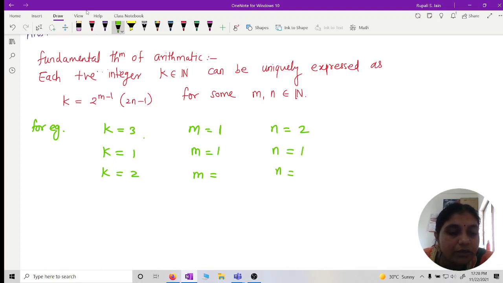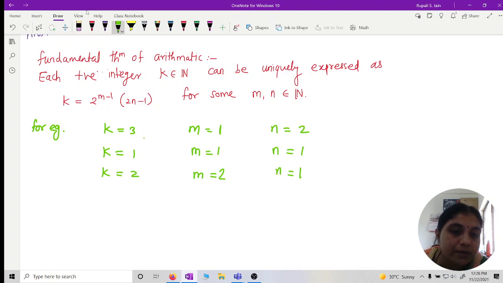Now for k is equal to 2, I want 2 raised to 1, so m is equal to 2 and n is equal to 1, right?